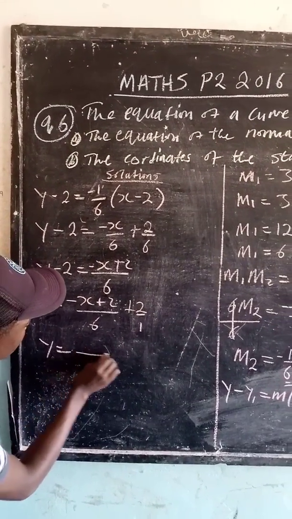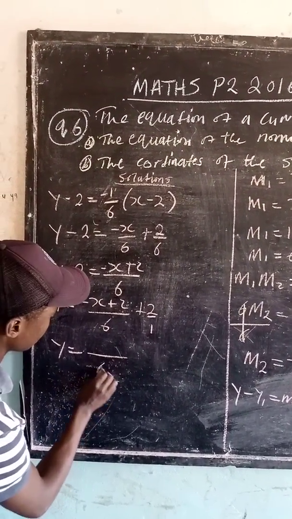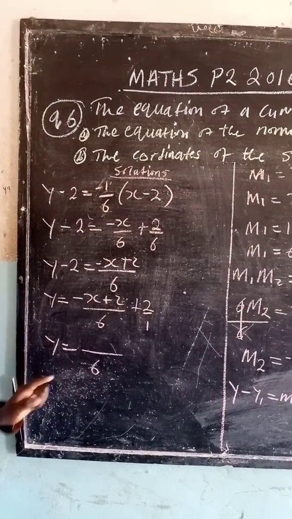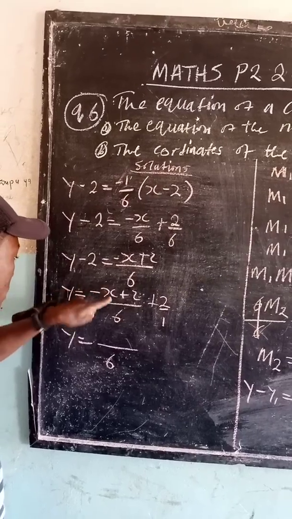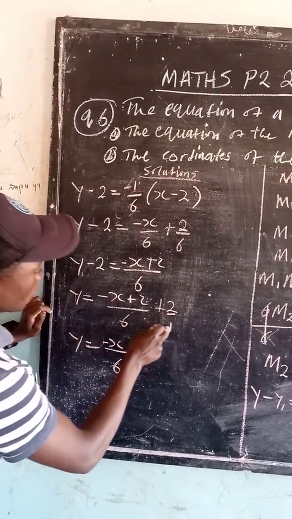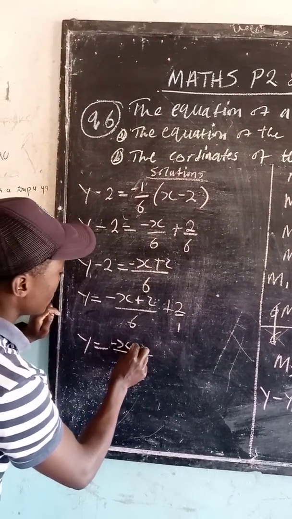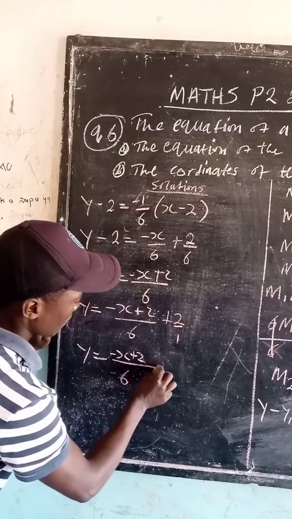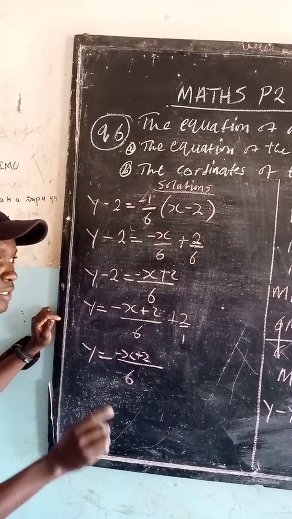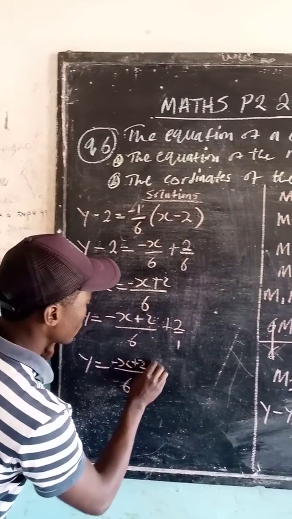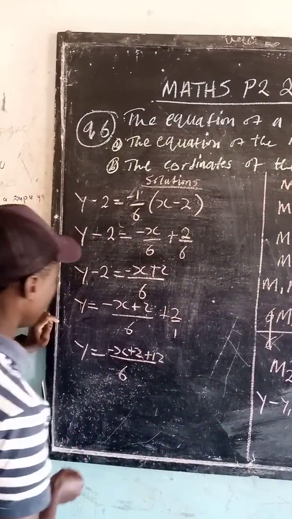So our common denominator is 6. Then 6 into 6, it is 1. 1 times (-x + 2) is (-x + 2). Then 1 into 6, it is 6. 6 times 2, we are going to have 12.